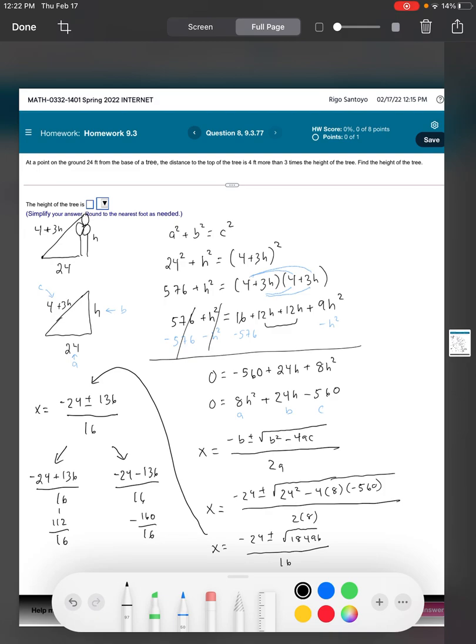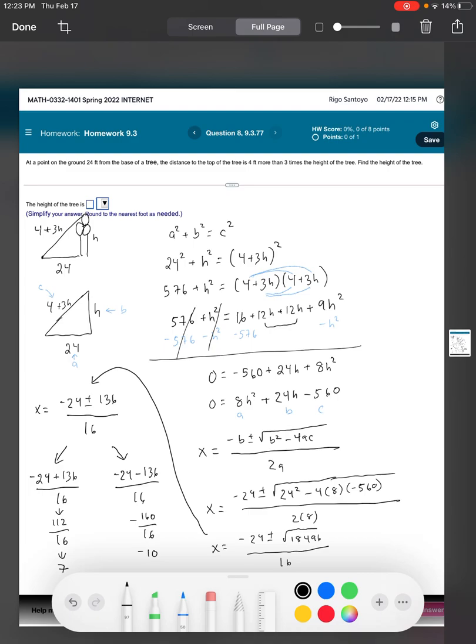We do 112 divided by 16, which gives us 7. And negative 160 divided by 16 gives us negative 10.